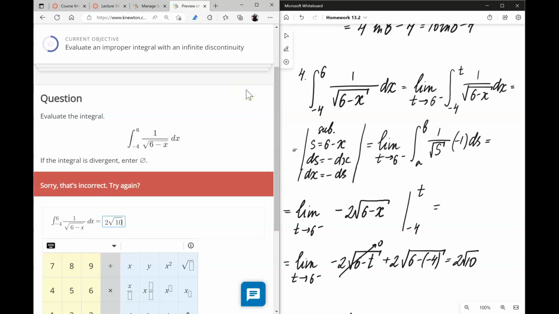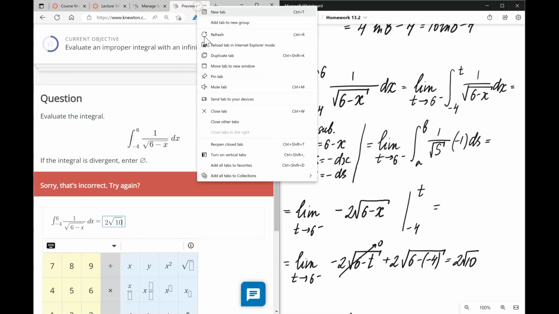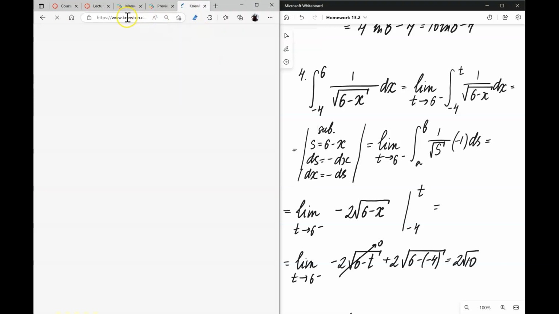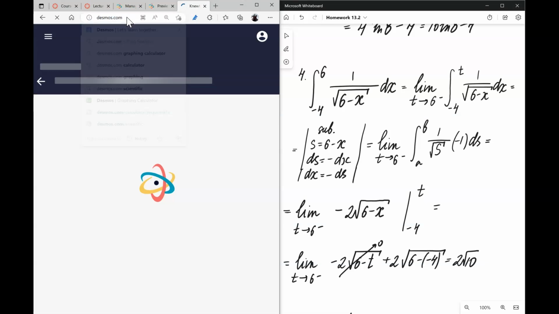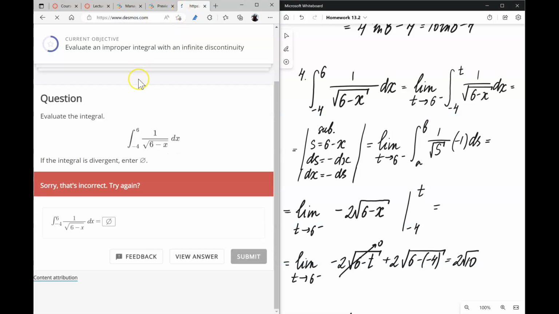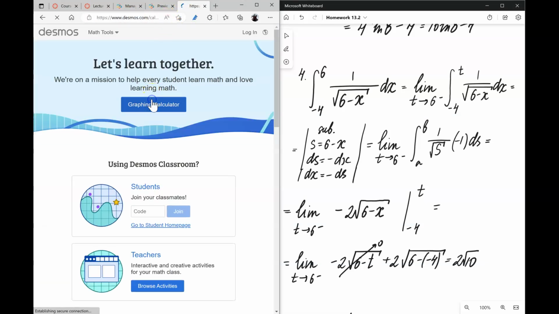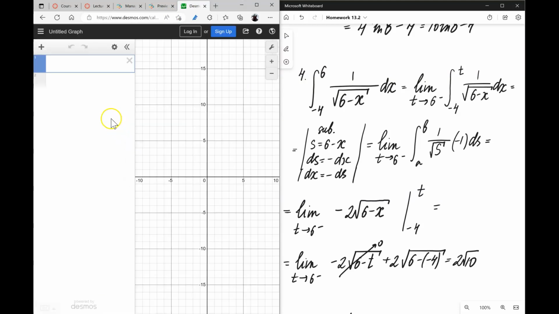So I may also want to try and see what Desmos would do. And it just doesn't hurt to try.